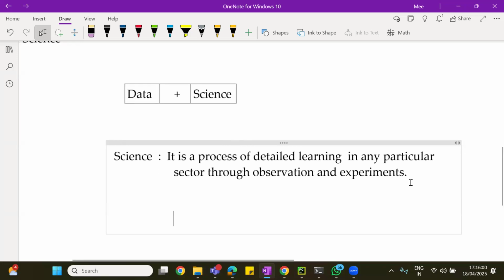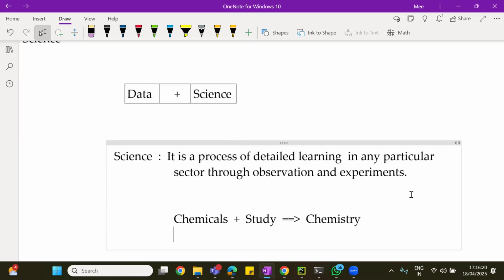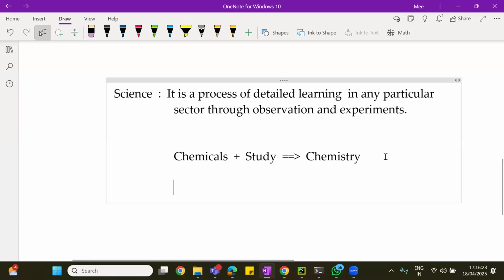For example, if you are doing a detailed study on chemicals, that is chemicals plus study, we call it chemistry. Next, a detailed study on oceans, oceans plus study, is called oceanography.